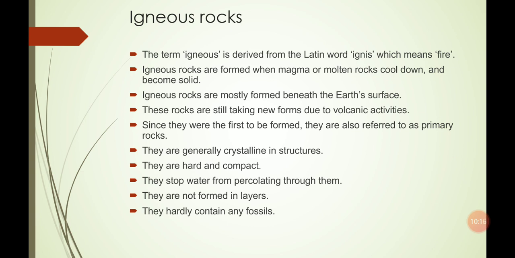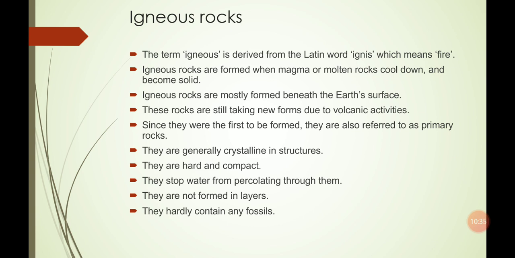Igneous rocks are mostly found beneath the earth's surface, almost, not always, but almost whenever an igneous rock is formed, it is beneath the earth's surface. These rocks are still taking new form due to volcanic activity. What is the reason behind it?